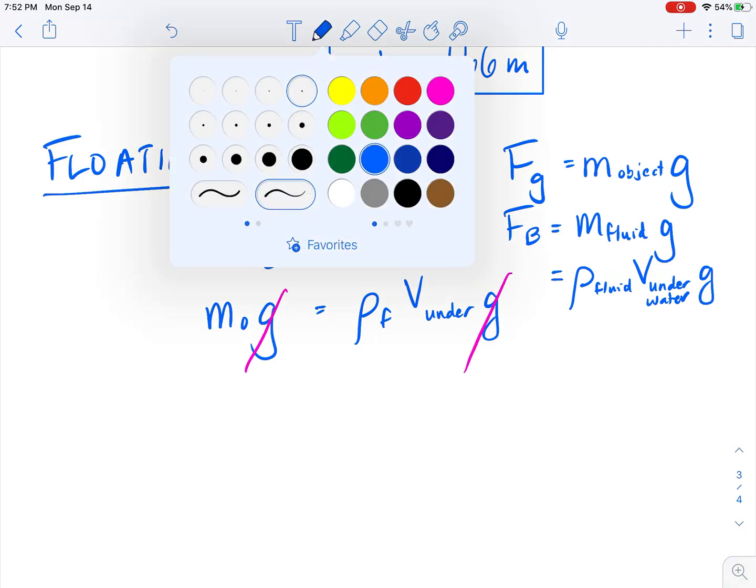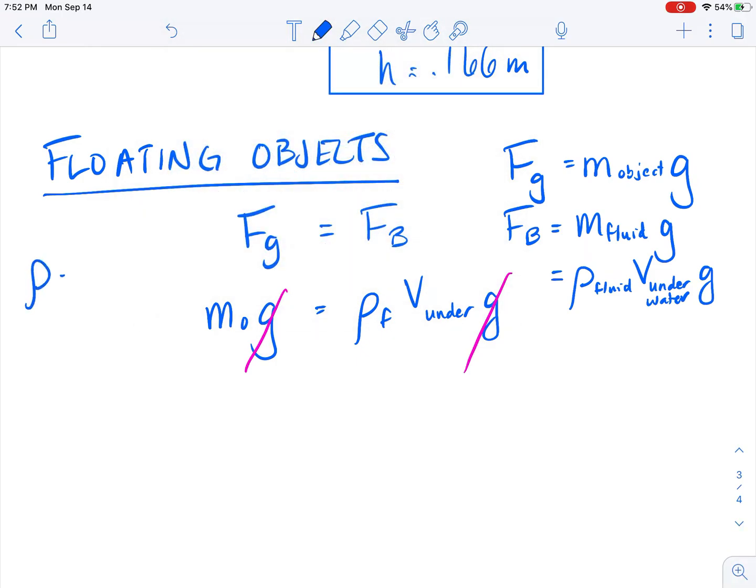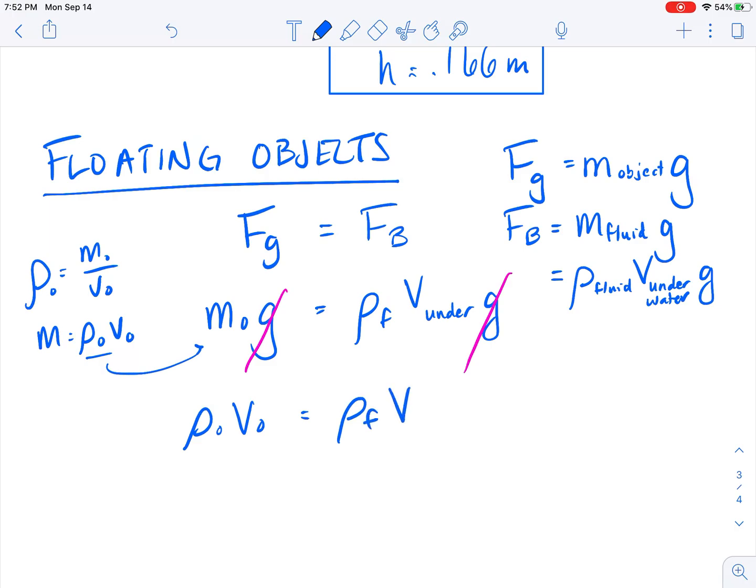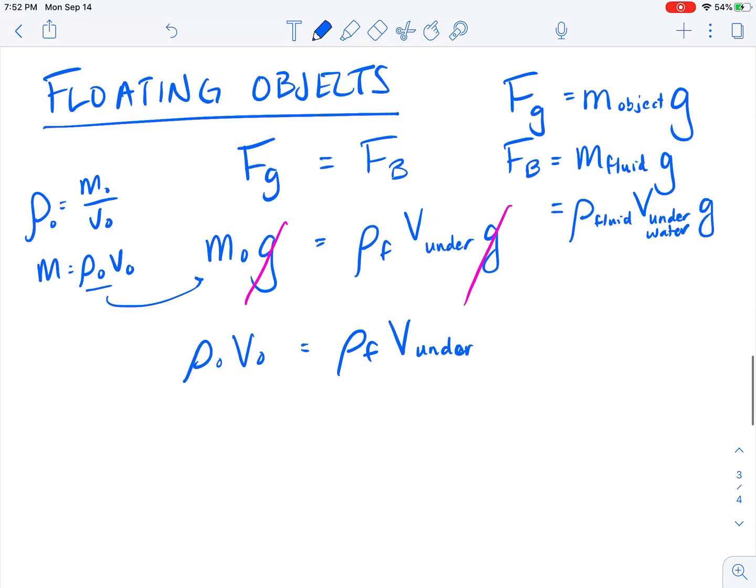Now on the left side, I'm going to make another substitution because I know the density of an object is the mass of the object over the volume of the object. So mass is equal to the density of the object times the volume of the object. So I'm going to write the density of the object times the volume of the object equals the density of the fluid times the volume of how much of the object is underwater.